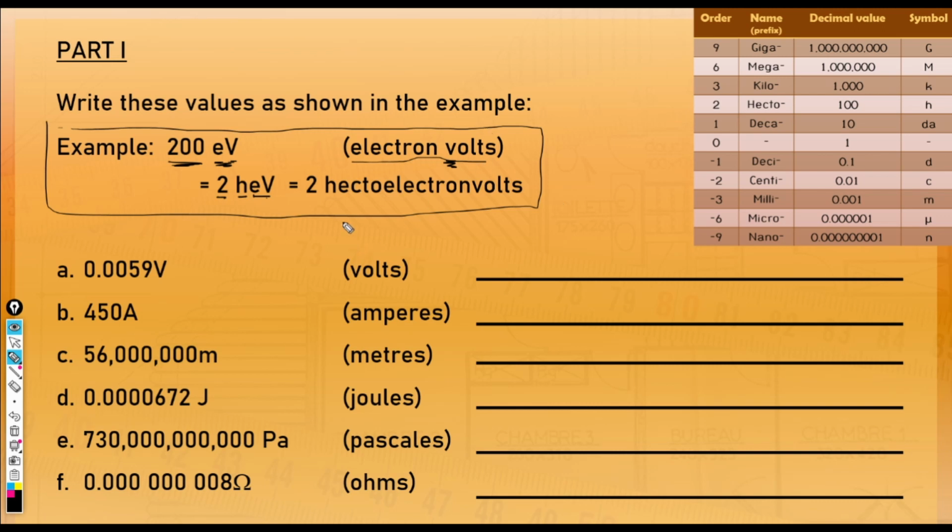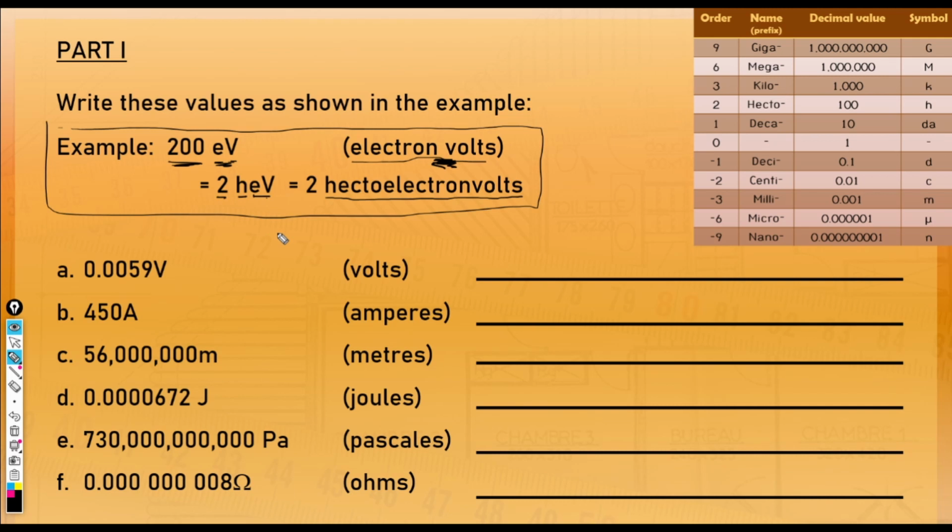The symbol we use for the unit is a capital letter. And in fact, when we write hectoelectron volts, we write it all as one word. In fact, up here, electron volts should be probably one word here as well. So that's the example.